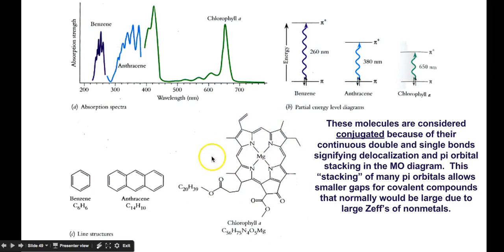Pi stacking, or a lot of the same pi bonding being the same molecular orbital, and that makes the gap smaller. So if we look at something like benzene, double, single, double, single, benzene is hybridized. Benzene has resonance, and it has these sp2.